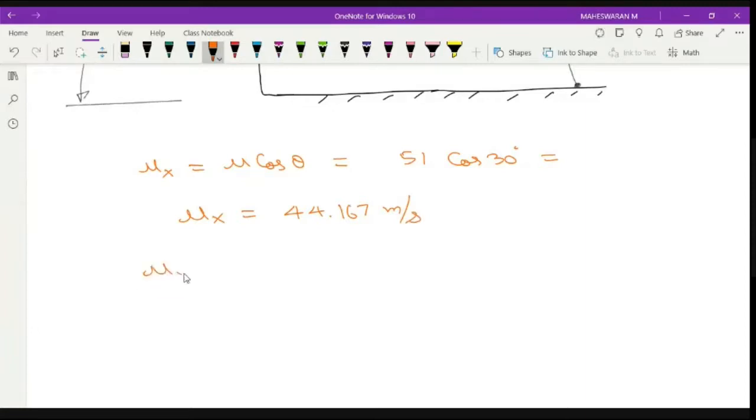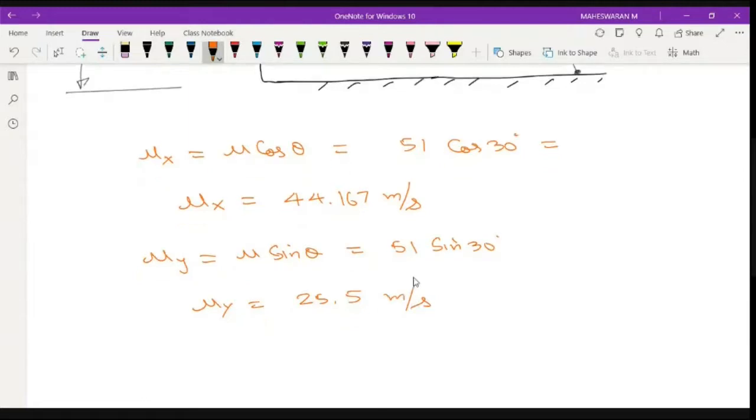Very good. Next we'll identify uy. Uy is u sine theta, which is 51 sine 30, which is 25.5. So uy is 25.5 meter per second. These two values we identified. So let us go for horizontal now.